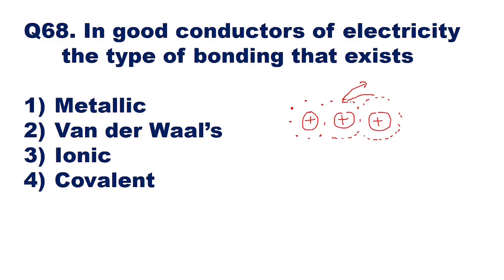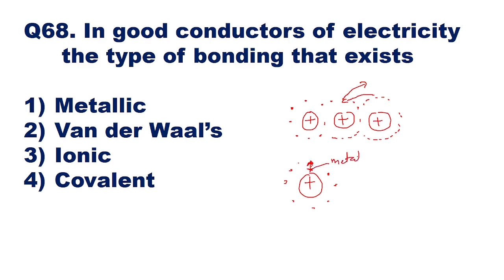Now in this concept, there is an attraction force between these metal ions and the free electrons. The positive ions, and the free electrons surrounding them, which is also called a sea of electrons. This electrostatic attraction between the metal ions, the positive ions, and the free floating electrons is known as metallic bonding.